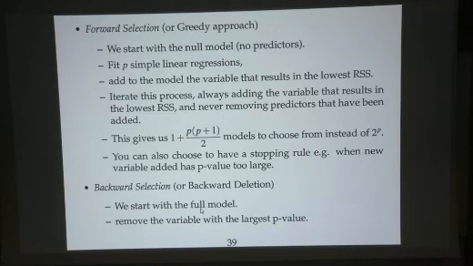If you compute the total number of models that you are considering, you end up getting 1 plus p times p plus 1 over 2. That's a simple computation, and you're only considering a number of models that is quadratic in p. So if p is 30, this is close to 900 models instead of 1 billion models.